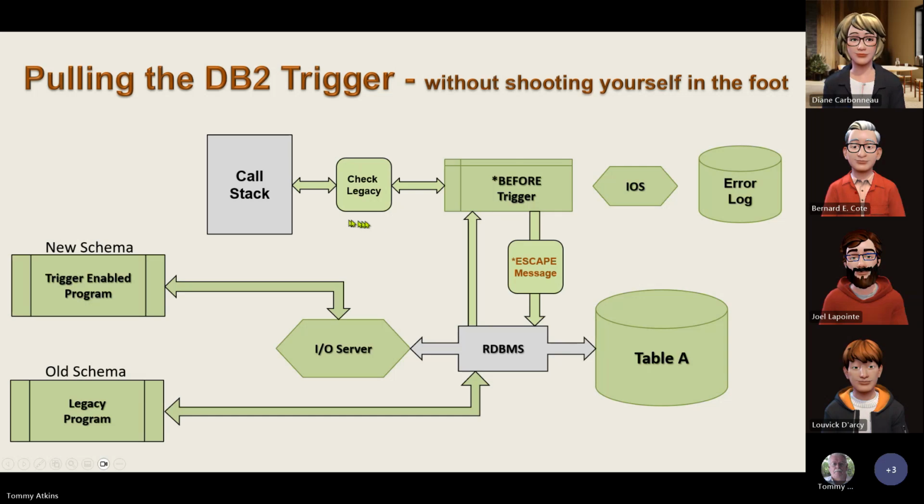Good. This bit of code here that checks the legacy is reading the call stack. What and how do you think we should write that piece of code, and where should we put it?